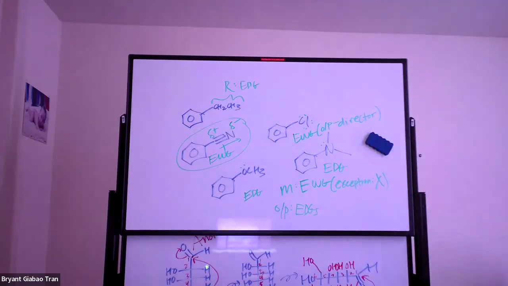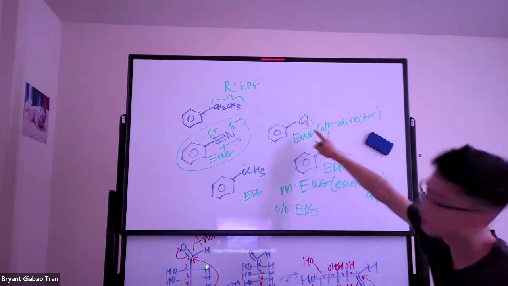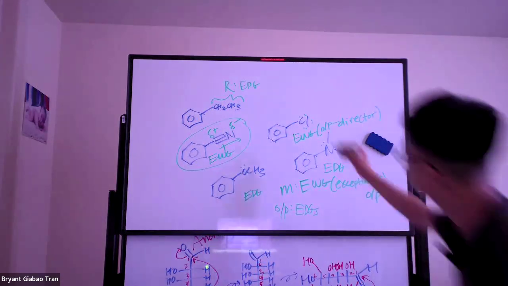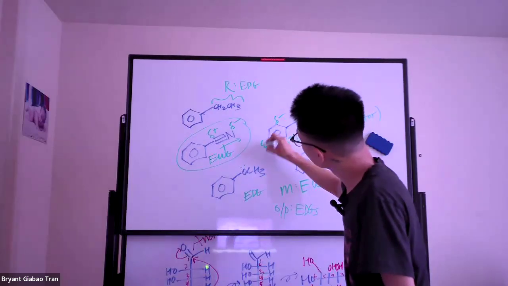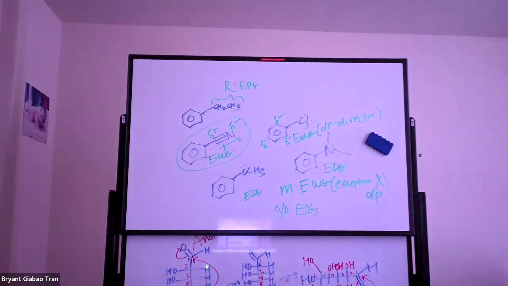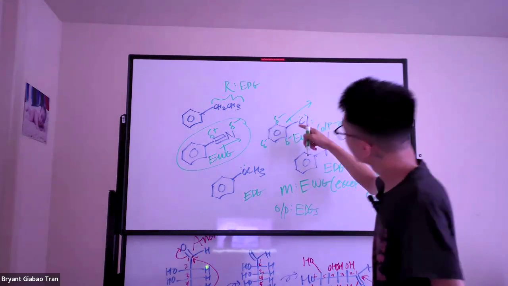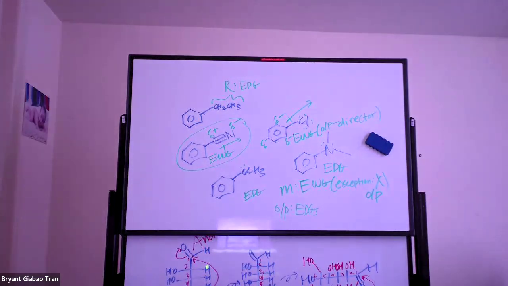They withdraw electrons a lot, but they are ortho-para directors because they have pairs of electrons to donate into the ring. When we do resonance here, there are going to be negative charges ortho and para to that halogen. But this is still considered EWG because that halogen is very electronegative, withdrawing electrons from the ring overall.